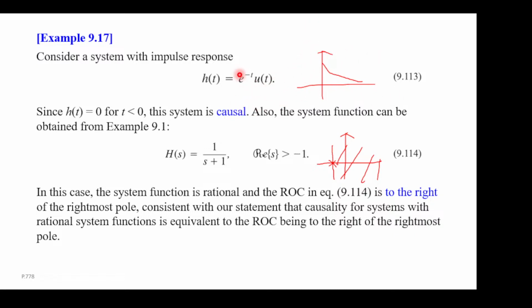And when we do the Laplace transform, it's our most familiar Laplace transform, 1 over s plus 1. And we'll take the right-sided ROC. So if we check, it's rational, and you have a right-sided function, so you have a causal function, and you have a right-sided ROC.